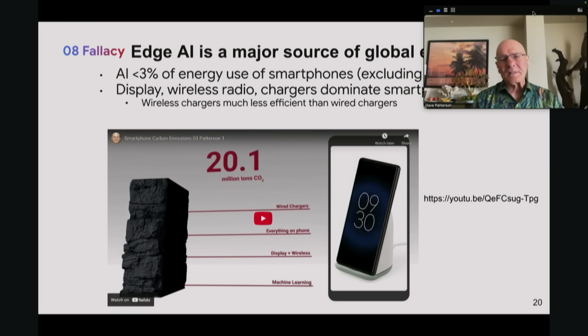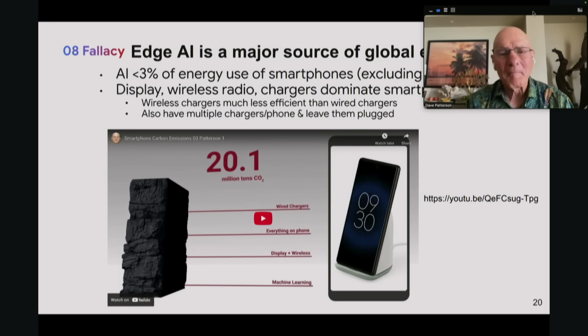What we learned was that wireless chargers, which have to be ready to go when you drop a phone in, use much more energy than wired chargers. And often, many people will have multiple chargers and just leave them plugged in all the time. And there's a phrase for that: when you leave something plugged in, even though you think it's off, it sucks electricity even though it's off if it's plugged in. That's called vampire energy use.